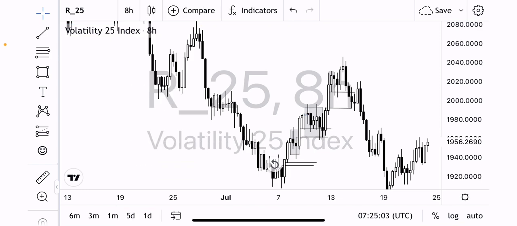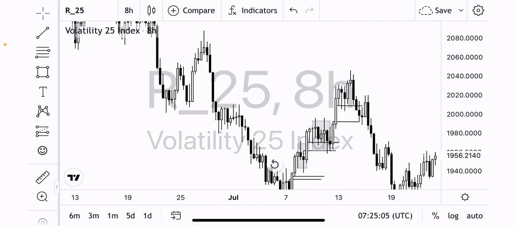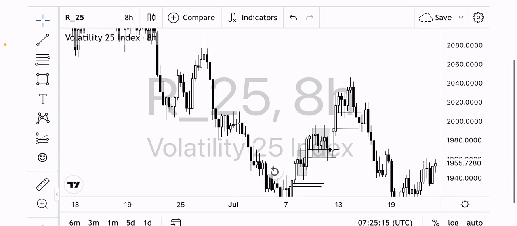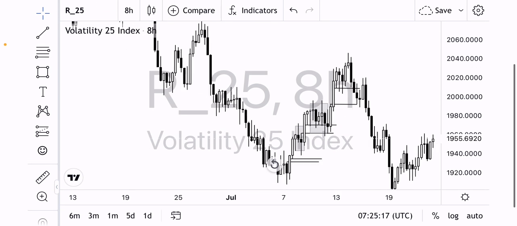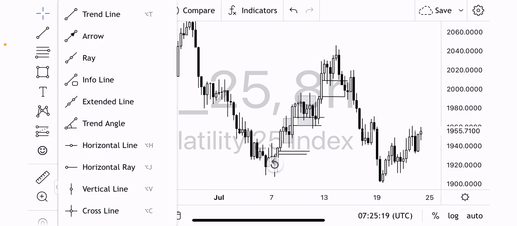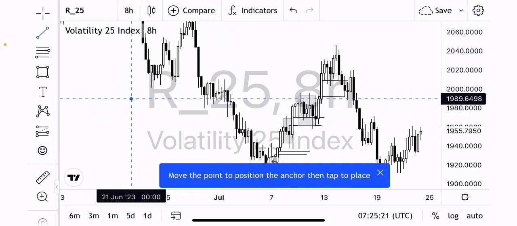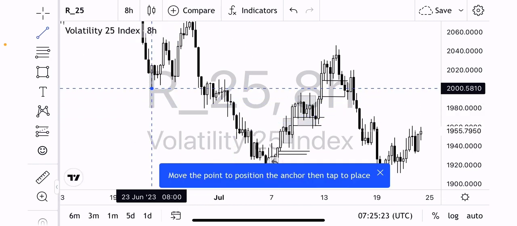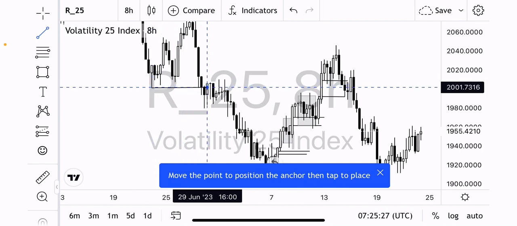So, guys, like I said earlier, when you see your fair value gap in alignment with your structure, just mark it out. So on this volatility 25, this is a downtrend here. We had the last BMS, we had our BMS to be here.